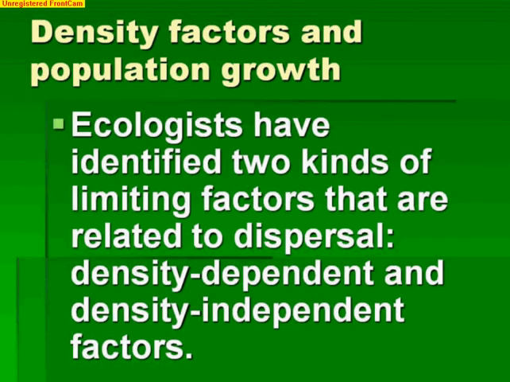Ecologists have identified 2 kinds of limiting factors additional to the biotic and abiotic that are related to dispersal. So previously I had mentioned biotic and abiotic limiting factors, predators being biotic and water being abiotic. Now we're going to look at those factors relying on or not relying on the density of the actual population.